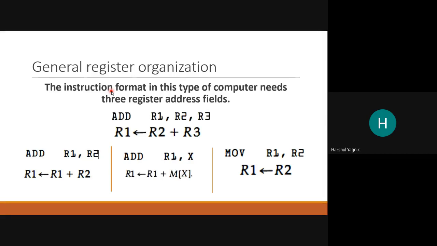These three different possibilities are there in the case of general register organization. In many cases, all 3 register fields are not shown, only 2 register fields are shown.